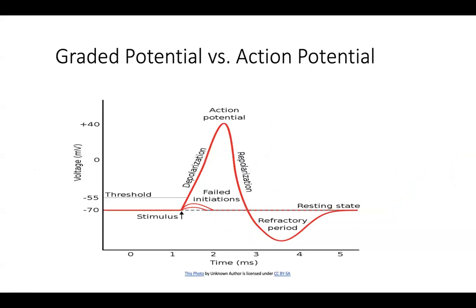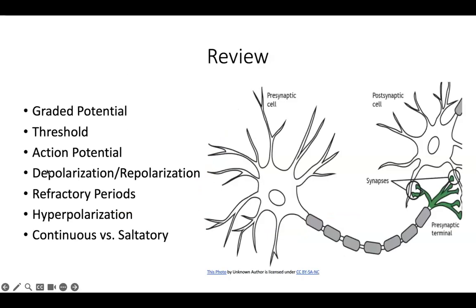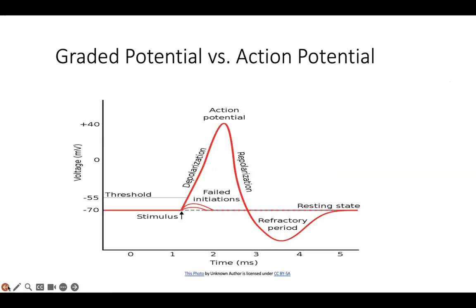Okay, this image here is a very similar picture to the one that we saw before of the timeline of the action potential, except I put in some failed initiations on this graph here. So these are stimuli that have come down into this neuron here near this axon hillock, and are trying to set off an action potential.